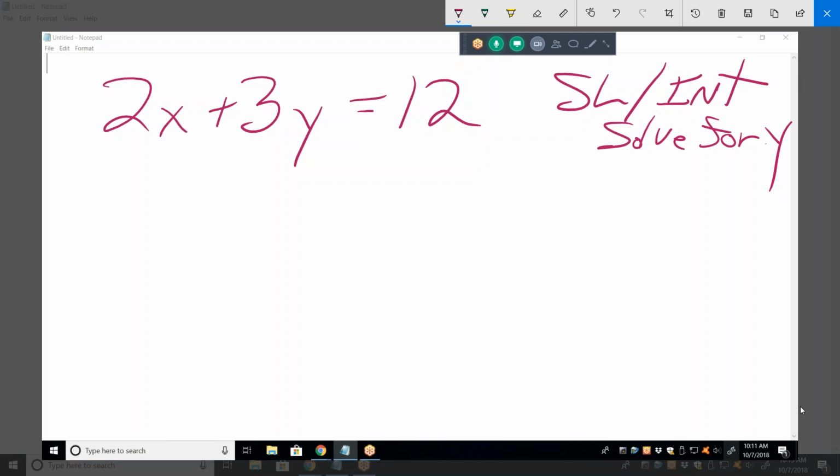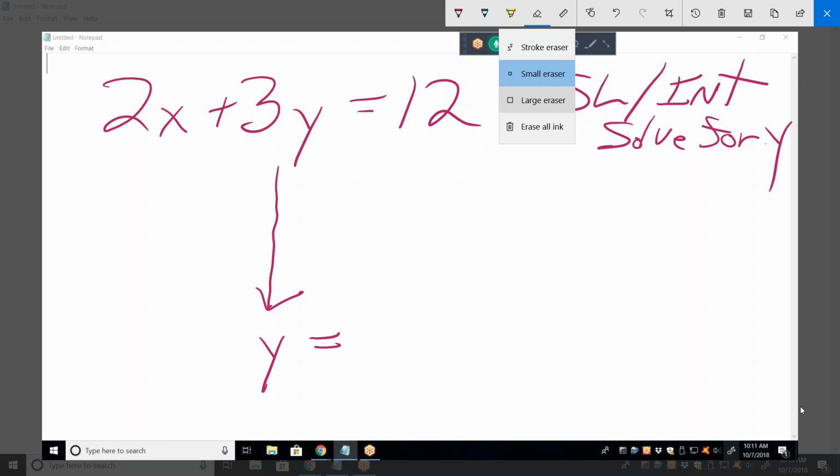Got to get rid of everything that's not y. In other words, this is going to go through a number of steps, and I'm going to end up with y equals, and everything else is on the right side. Okay? So, what do you have to do? You got to start getting rid of stuff. I got a lot of stuff that's with the y. We should have to subtract 2x and put negative 2x.